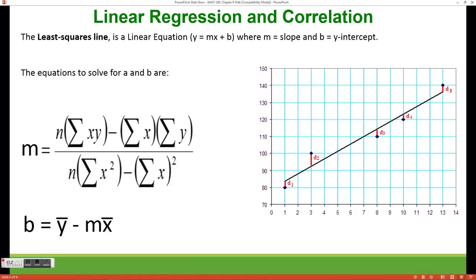For a regression line, the formulas that are used to find those values can be seen on the screen here on the left. The slope calculation uses some of the same summations as our correlation coefficient calculation did. And the formula for the y-intercept uses the value we will calculate for the slope, along with x bar and y bar, which represent the means of the x and y data values respectively.